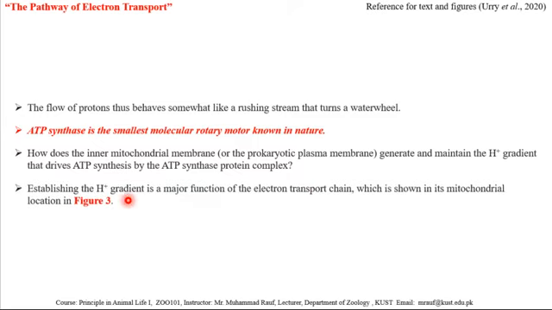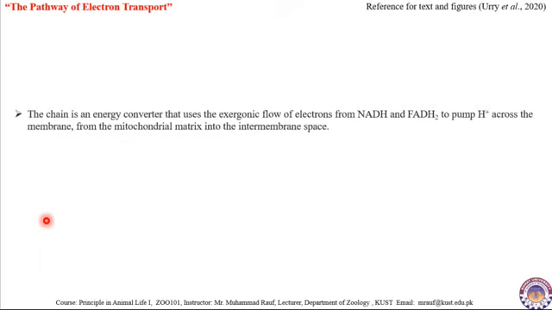Establishing the hydrogen gradient is a major function of the electron transport chain, which is shown in its mitochondrial location in figure 3. Now the chain is an energy converter that uses the exergonic flow of electrons from NADH and FADH2 to pump hydrogen ions across the membrane from the mitochondrial matrix into the intermembrane space.